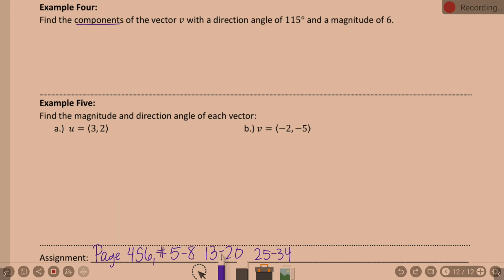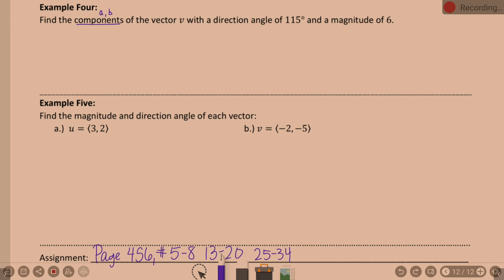The linear combination, kind of. What are the pieces we have to know here? We need to know the two pieces, a and b, the horizontal component and the vertical component. So when they say find the components, we're finding a and b of the vector v with a direction angle of 115 degrees.